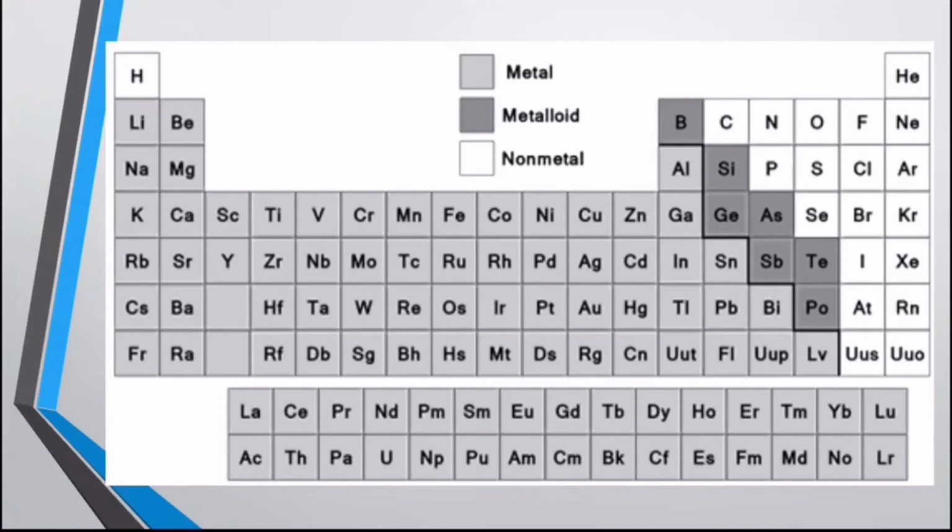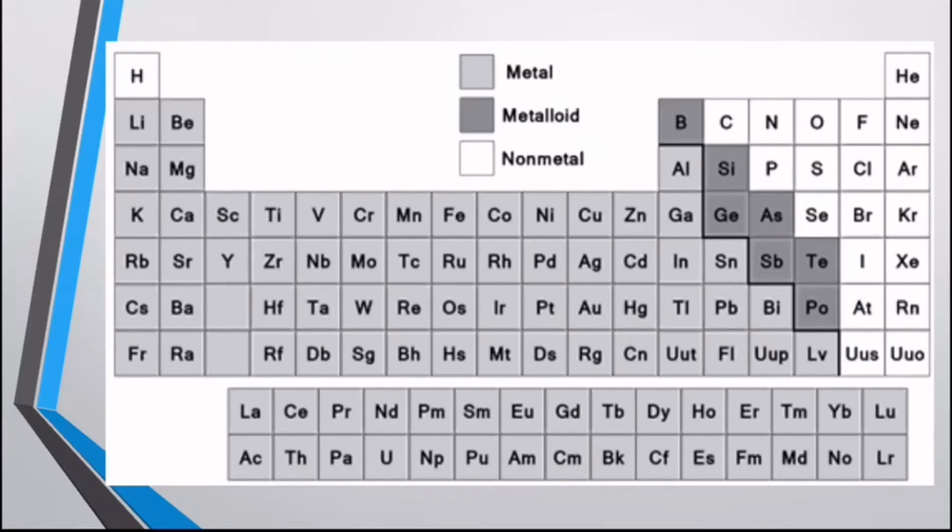The periodic table categorizes elements into three different kinds, that include metal, metalloid, and non-metal, and these three categories of elements are differentiated by three different colors. For example, silver color represents metal, dark gray color represents metalloid, and white color represents non-metal.